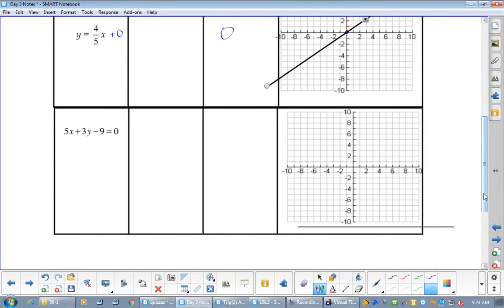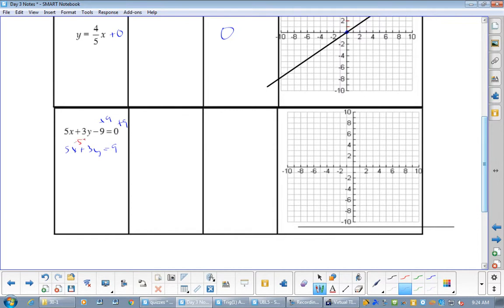Okay, and then you can see with the next one, not a very usable form. It's not in y equals mx plus b, because when we have that form, it's nice, right? Fast. Y-intercept, slope, done. Okay, so how would I get this so the y is by itself? So I'm going to plus 9 to both sides. So I'll get 5x plus 3y equals 9.